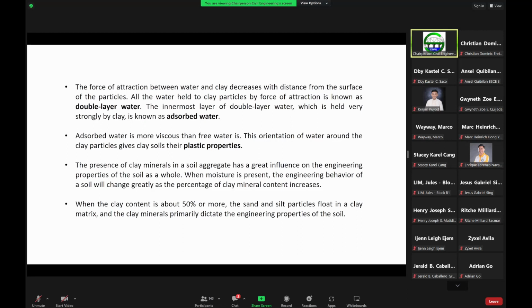The water around the clay particles again gives clay soils their plasticity.